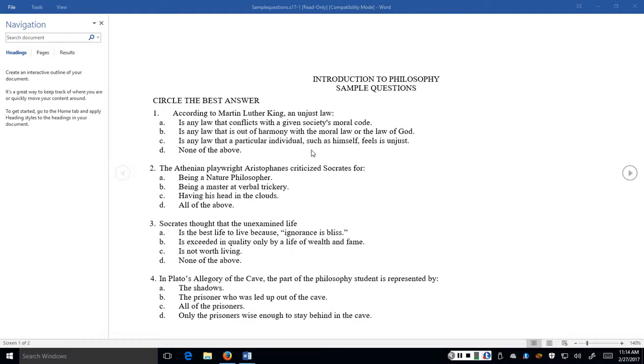No votes for A. What about B, being a master of verbal trickery? How about C, having his head in the clouds? We got some votes for C. What about D, all the above? In this one, the all the aboves have it.